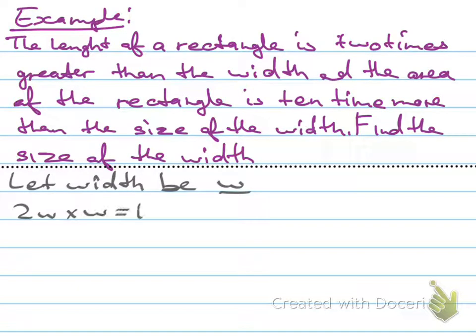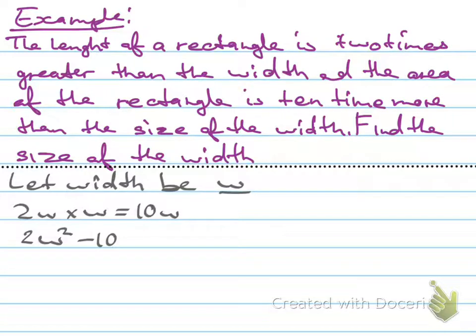Remember, the area is going to be length times width. We are told that the length is 2 times the width, and the width we will represent with w, and the area is 10 times the width.